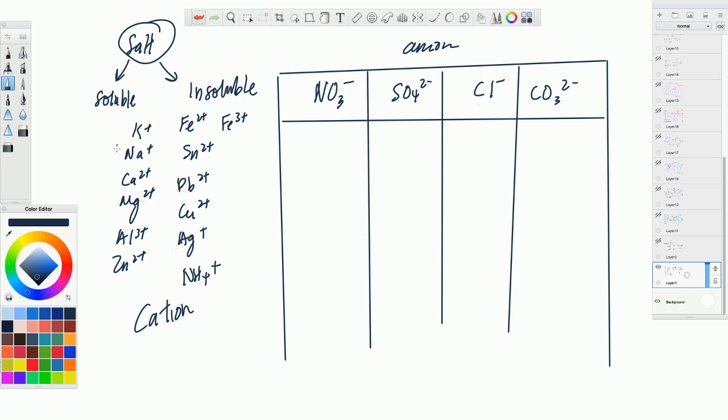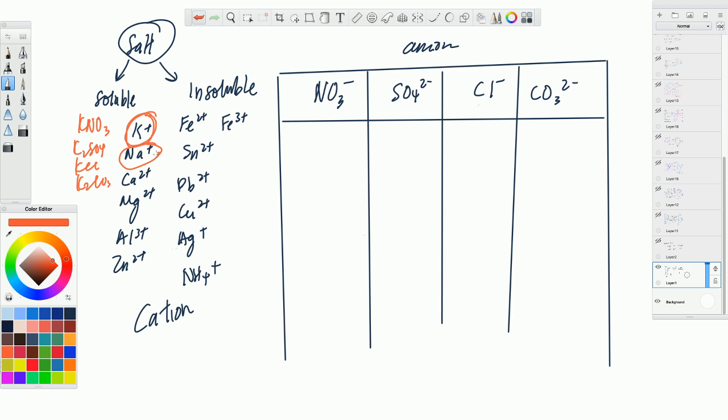For example, potassium nitrate, potassium sulfate, potassium chloride, potassium carbonate. Okay, and then sodium also same thing.